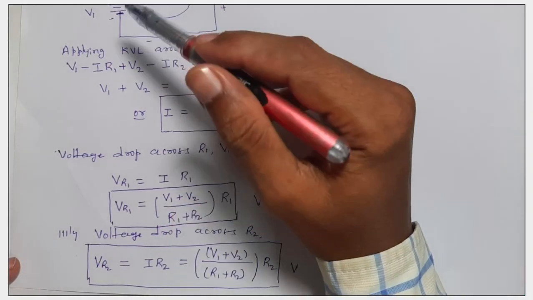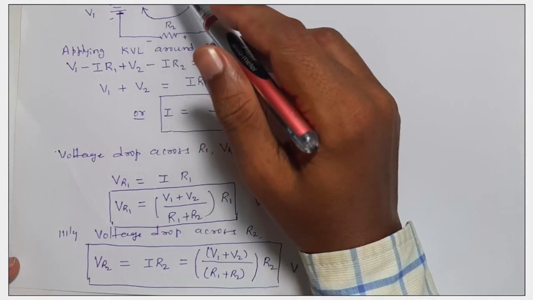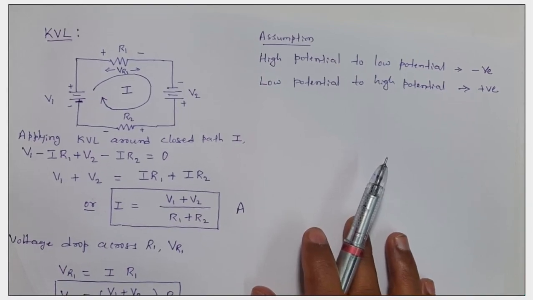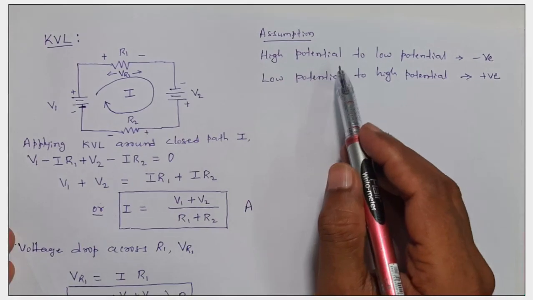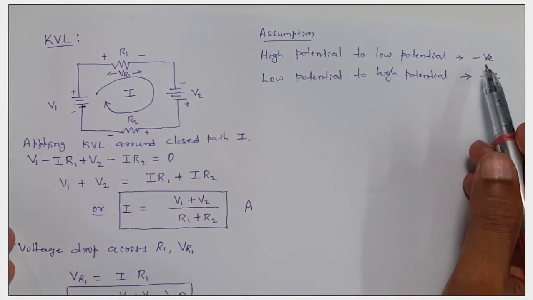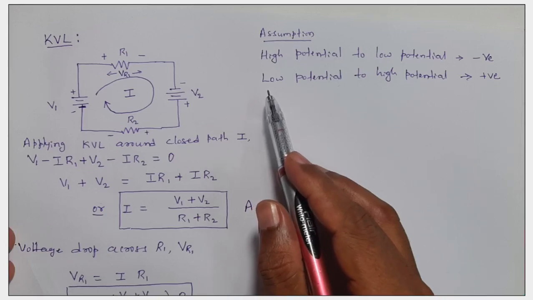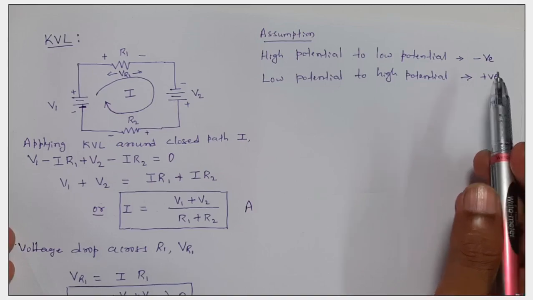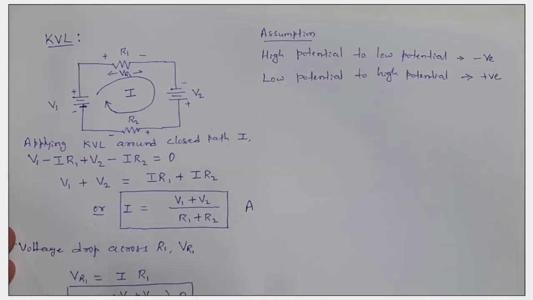Remember, dear students, KVL has to be applied around a closed path or loop, and we have made one assumption. When we traverse a path from high potential to low potential, we consider a negative sign for that voltage, and when we traverse from low potential to high potential, we consider a positive sign. This is just an assumption, you can even take vice versa, but there will not be any change.